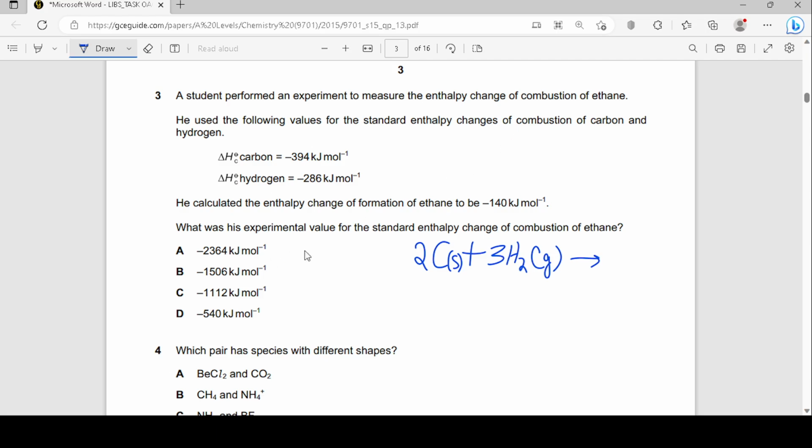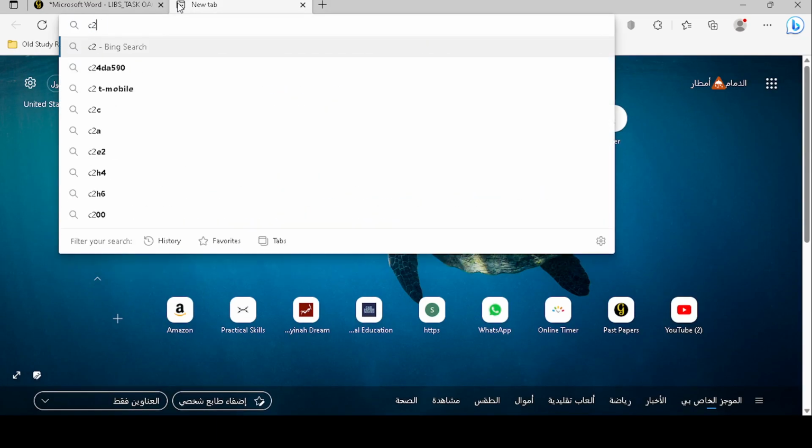Firstly, I'm going to make the enthalpy change of formation of ethane, C2H6.